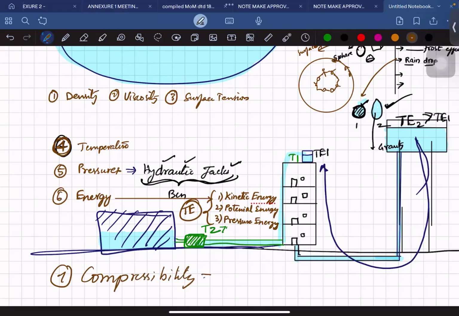There are some fluids which can be compressed, and there are some fluids which cannot be compressed. Especially when you take gases, what is the gas that you guys are using in a gas station? Can you guess? Gasoline. Ethane. Okay.